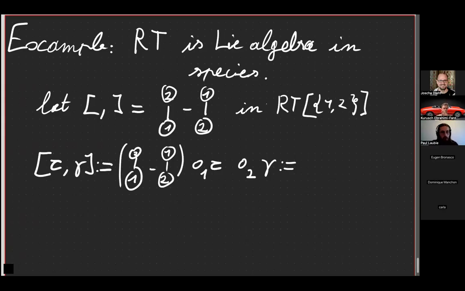It gives me an element of RT circle RT. And then I have a map that goes from RT circle RT to RT. And so the answer is it will give me tau with gamma grafted over tau, the sum over all the vertices that I can graft gamma on tau, minus gamma, and I graft tau on top of it. And you can check everything. This is indeed a Lie bracket.